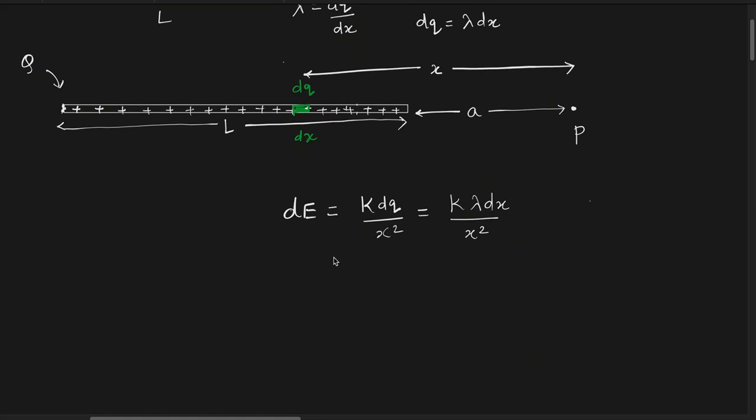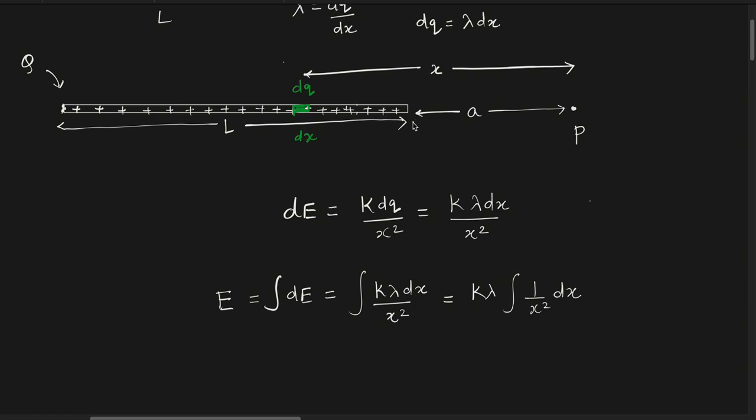Now let's integrate that to find the total electric field. If I integrate dE, I should get E, and that is equal to the integral of k lambda dx by x square. Now k and lambda are constant, so I can take them out, and this is 1 upon x square dx. I have not written the limits yet.